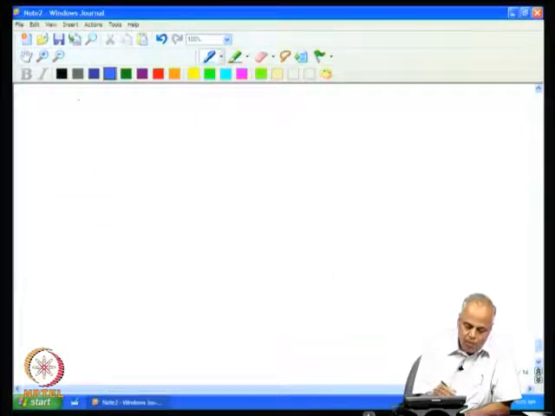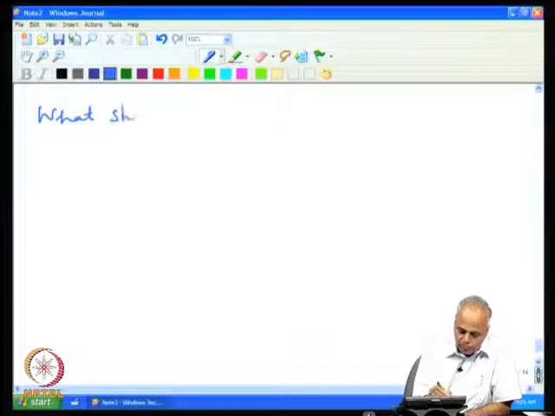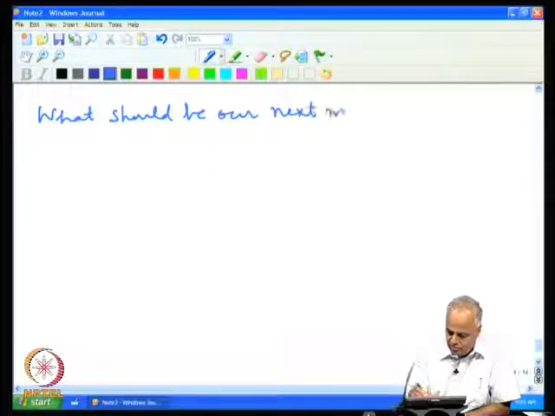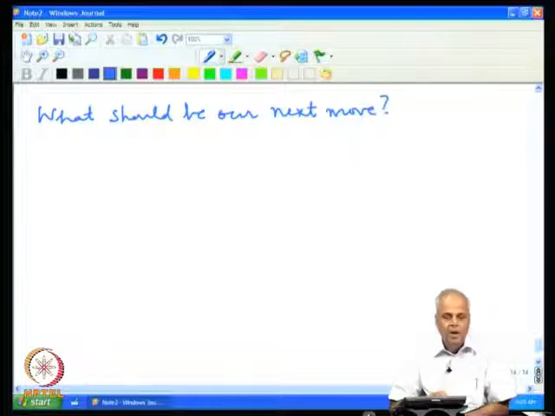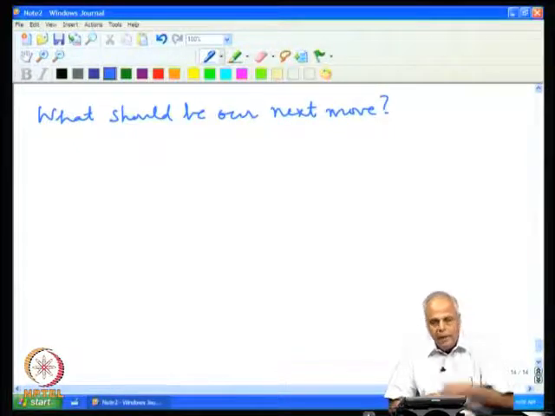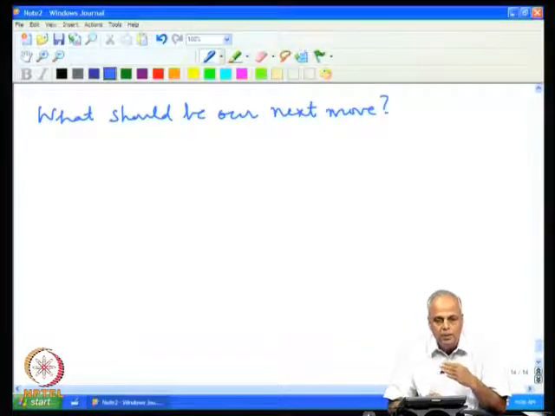Now, what should be our next move? The idea always is, if you know how to handle one particular problem, the next level of complex problem would be attempted to be brought down to this easy level.